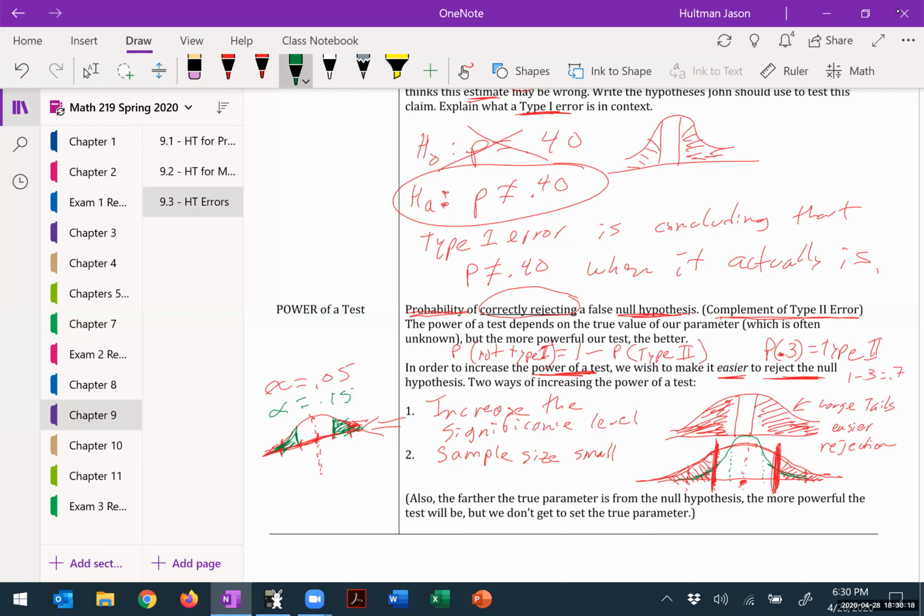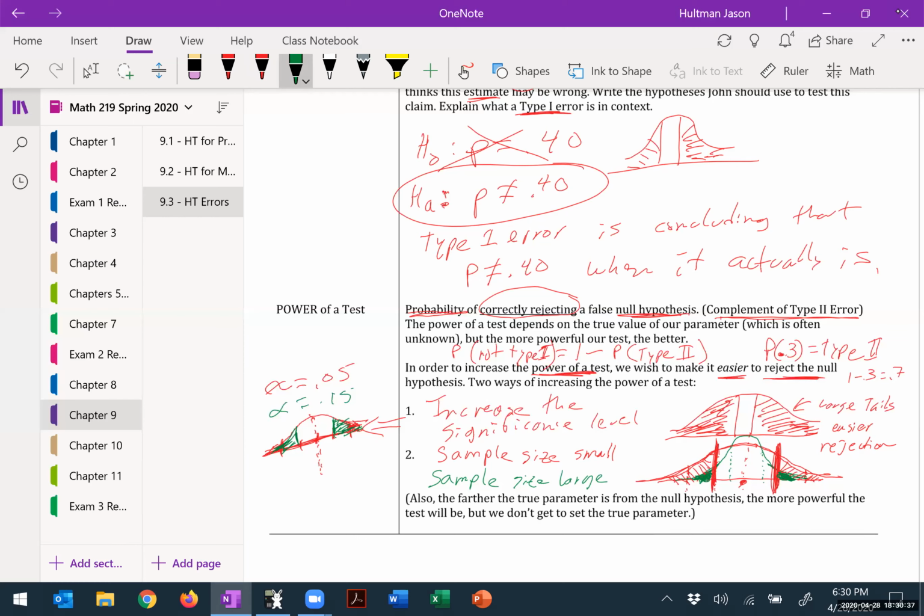But if my sample size is large, then I get really small tails. That's these guys right here. For the same cutoff, I get really small tails.